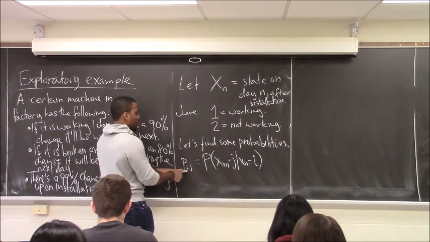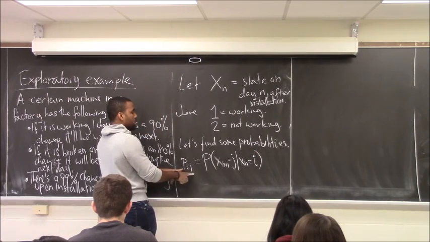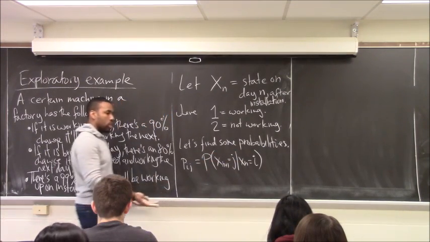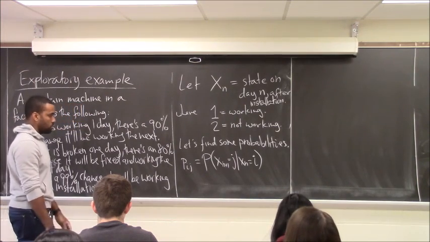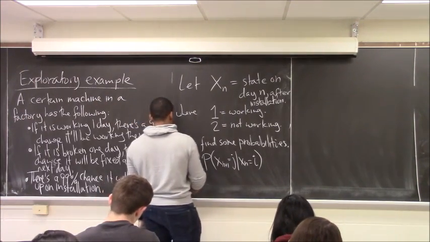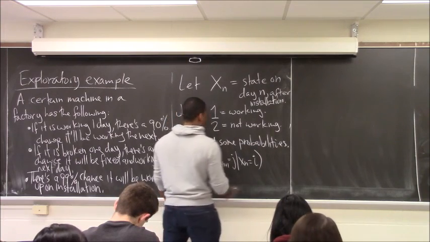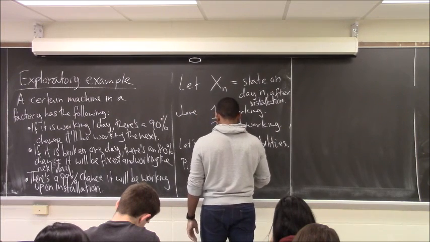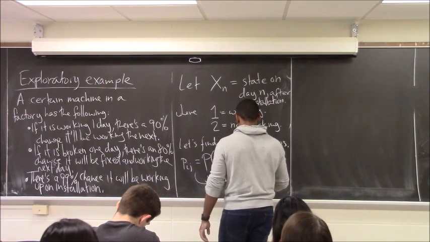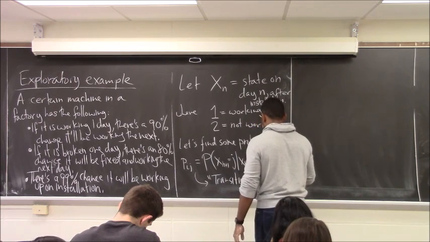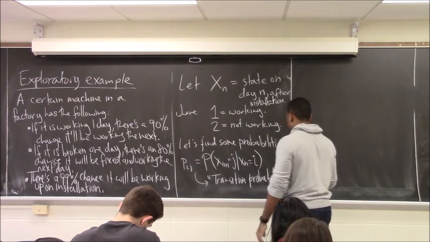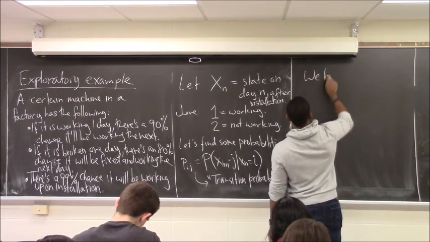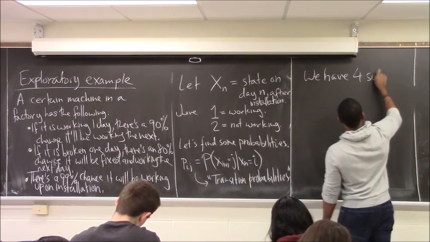So this is the probability of moving from a state i to a state j. Given that we were in state i, what is the probability that we will be in state j? These are called transition probabilities, because they tell you how you transition from one state to another. And you will notice that we have 4 such probabilities here.